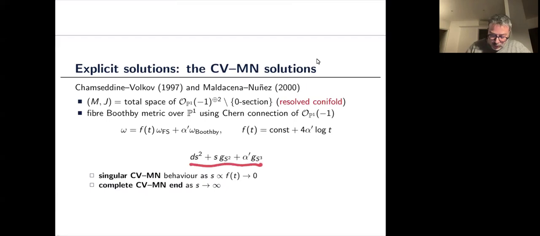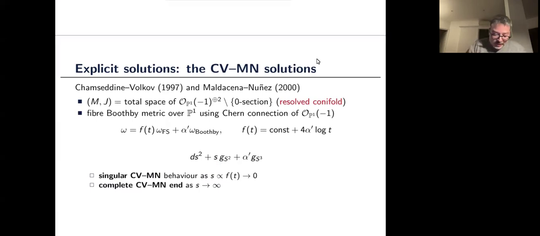So what's happening is, as s goes to infinity, I have a complete end where the sets of s equal constant, large balls in this metric, look like Riemannian submersions, where the fibers are S3s with some fixed metric, and the base is P1, an S2 of diameter square root of s.